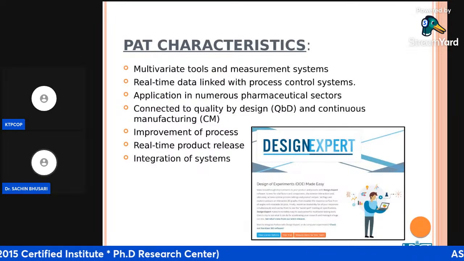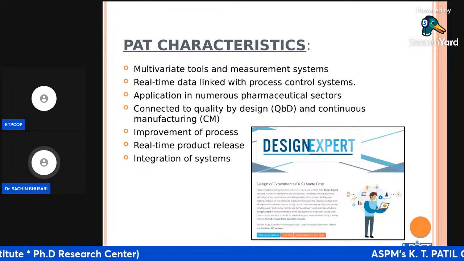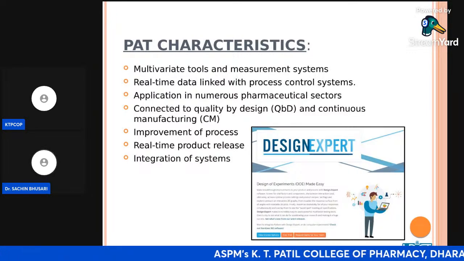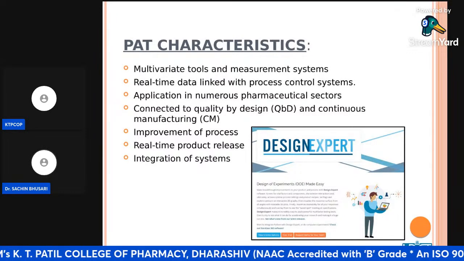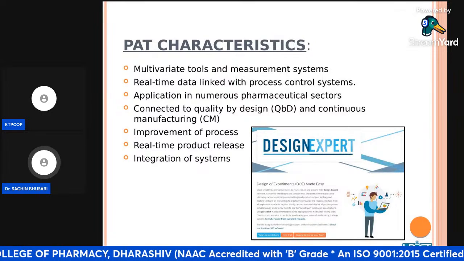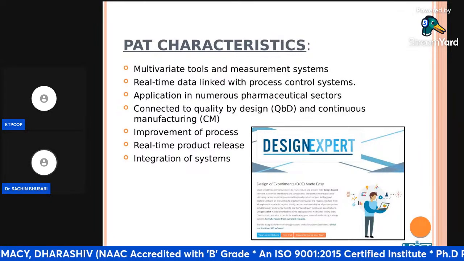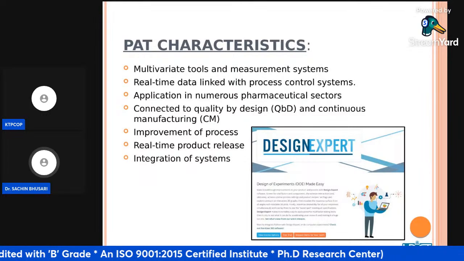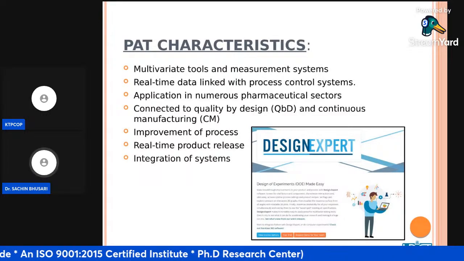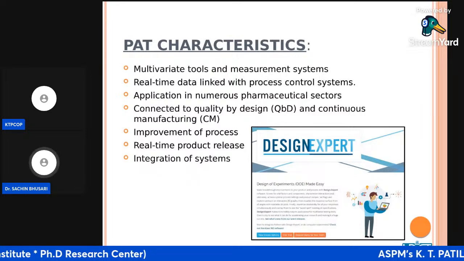Now, what are the characteristics of PAT? If we know the targets of PAT, now what are the attributes, the characteristics of PAT? It is necessary to understand before going into PAT. First, multivariate tools and measurement systems. This is a typical, peculiar characteristic of PAT. The PAT framework has such tools and measurement systems where we can analyze more than one variable at a time.